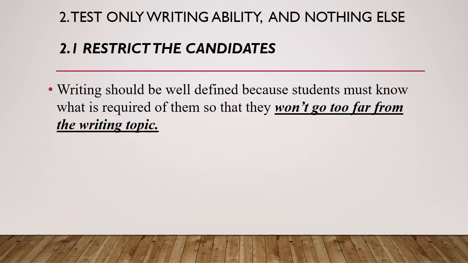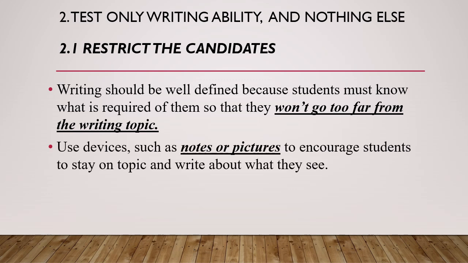That's because the task is just too broad or unclear. So it is important to define the task well, so that students know exactly what they need to write about, and their responses stay focused on the topic. We don't want them to go astray. We want them to stay on the topic and write about what is required of them.